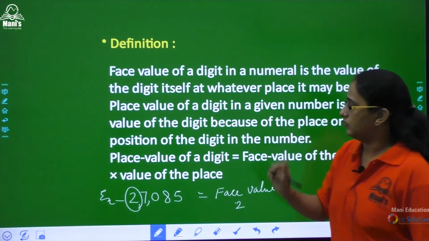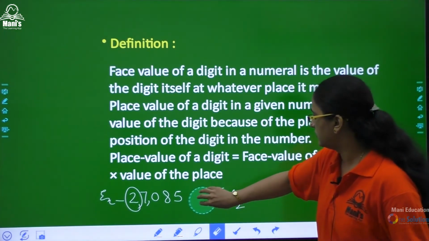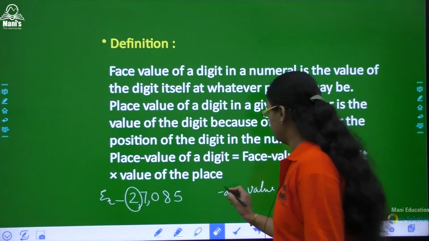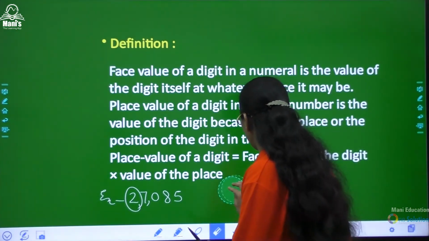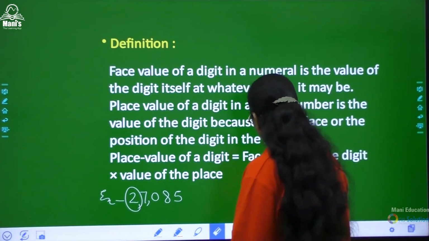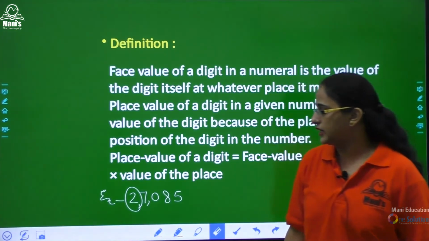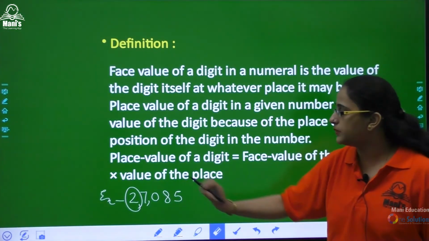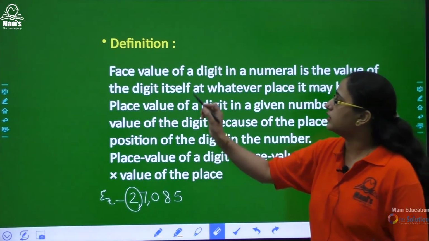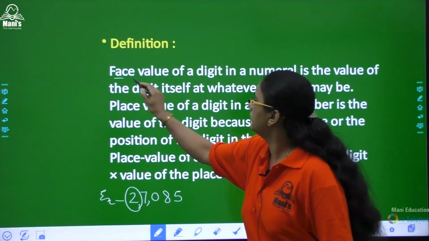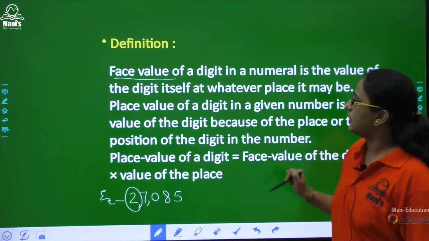But about the place value, sorry, so again I have to write, we are talking about the number 2. In this number 2, I am talking about the face value and the place value.